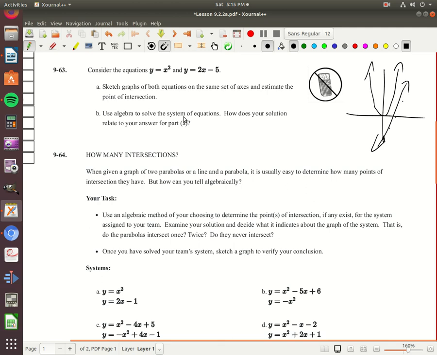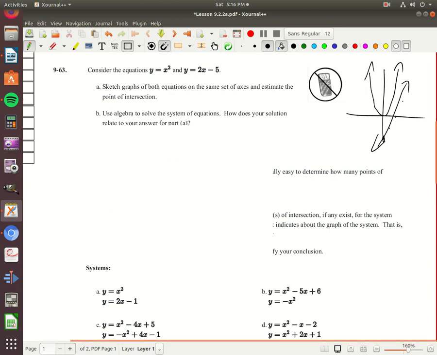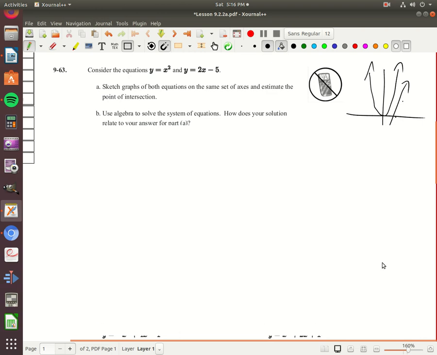So it says use algebra to solve the system of equations. How does your solution relate to what you found in part A? So we'll do the same thing we did on that previous step. We're going to use the equal values method. We'll put them equal to each other and we'll solve.